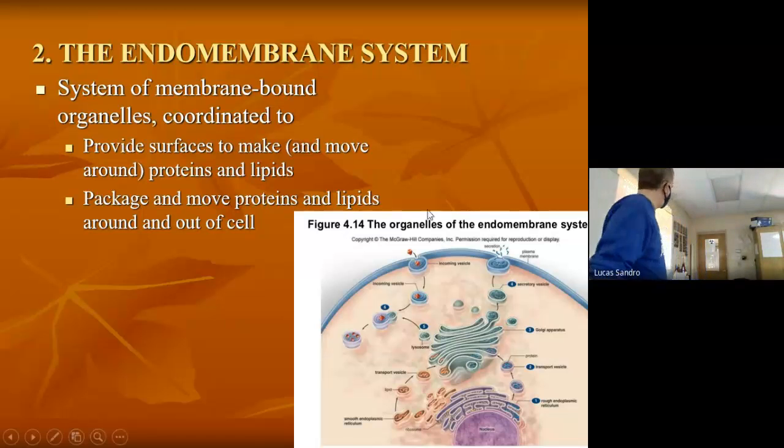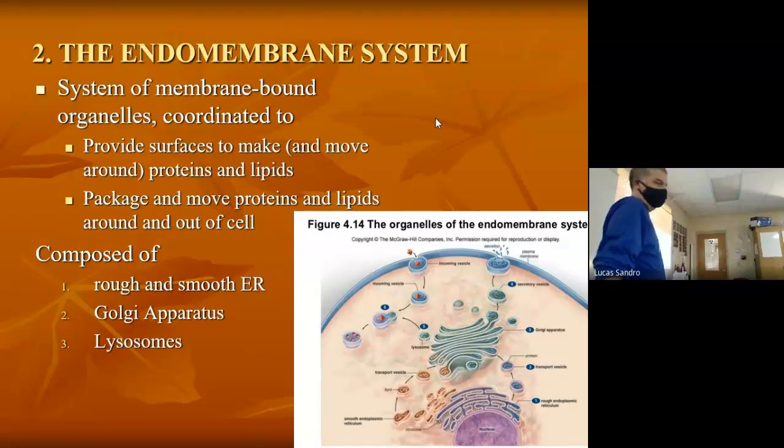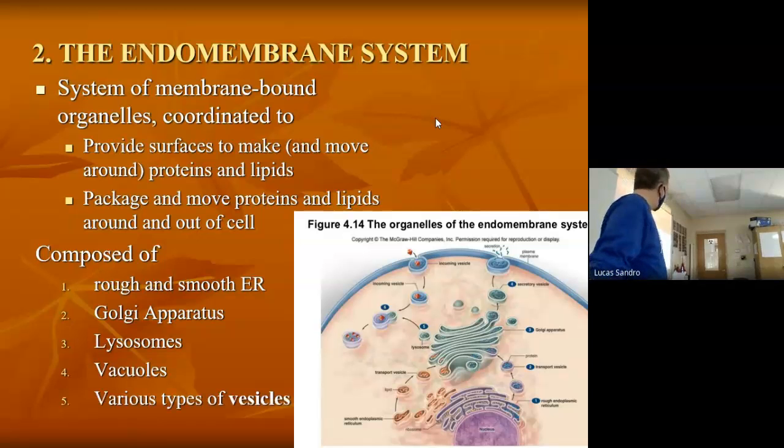So the parts of this endomembrane system that you'll need to know are the rough and smooth endoplasmic reticulum. We'll spell that out when we focus on it more. The Golgi apparatus, lysosomes, vacuoles, and various types of vesicles.